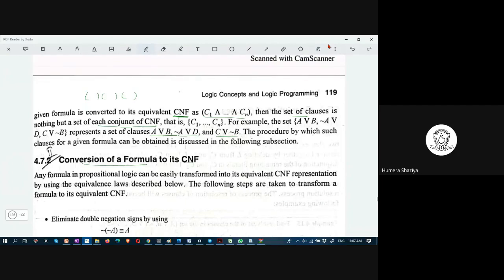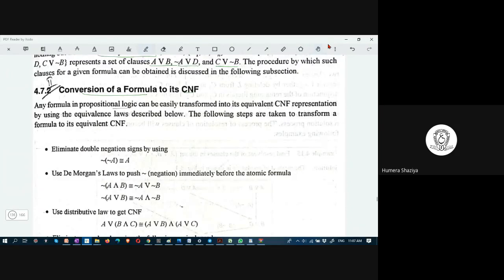What is CNF? Conjunctive normal form. Any formula in propositional logic can be transformed into conjunctive normal form. Whatever may be the formula, transformation into CNF is possible.